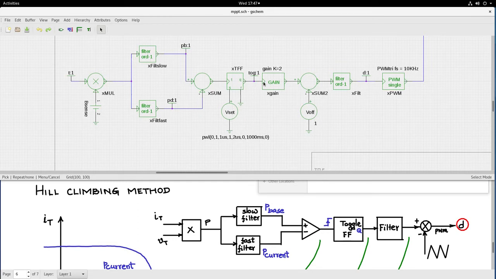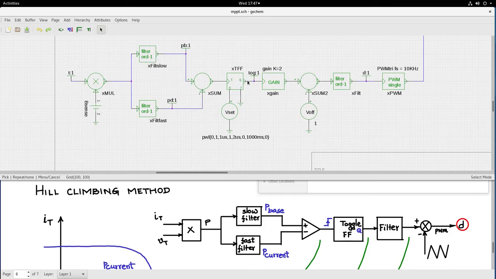The output of the toggle flip-flop goes through a gain block, a summing block, and then a filter. In this block diagram, we are giving the output of the toggle flip-flop to a filter and then to the PWM. In the PWM that we are using, the triangle carrier is swinging from -1 to +1. Therefore, the voltage here should swing from -1 to +1, with -1 representing 0 and +1 representing 1.